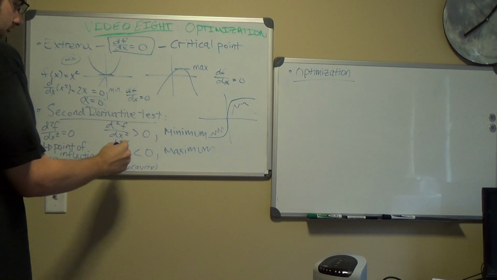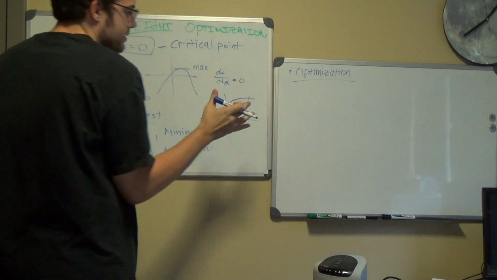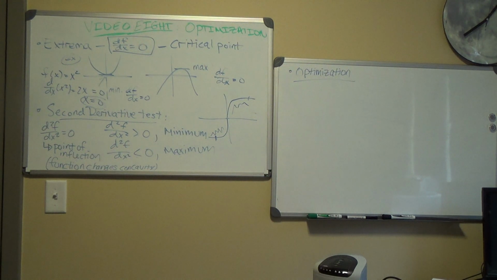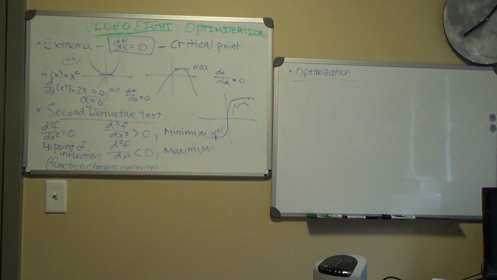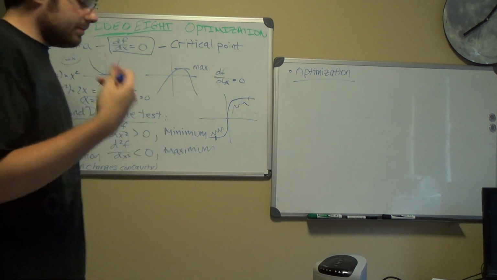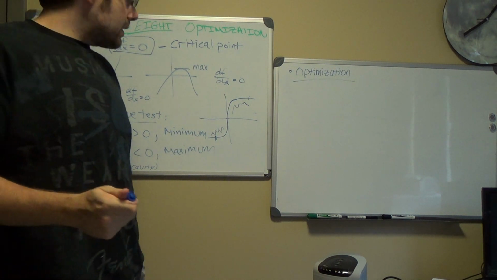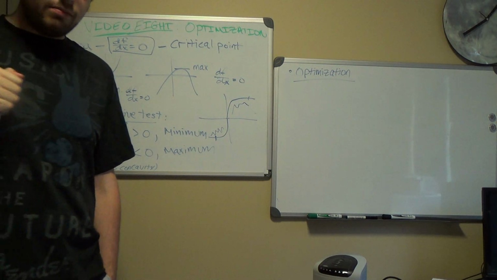Around here is the maximum, and around here is the minimum, which has a positive second derivative. So with this in mind, we are going to perform a sample problem of determining the extremum of a function.